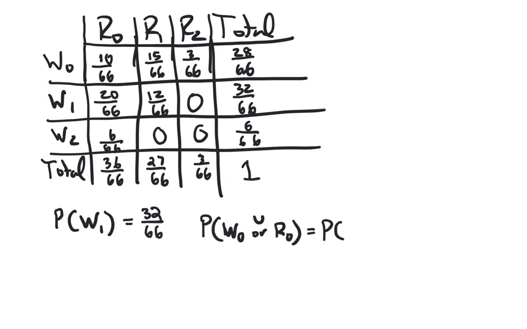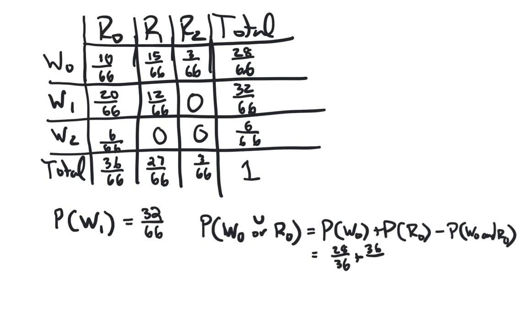So the probability of no whites plus the probability of no reds minus the probability that we double counted, which is the probability of no whites and no reds. So that is no whites is 28 out of 66. No reds is 36 out of 66. Sorry, the first one is 66, not 36. My mistake. And we're subtracting off 10 out of 66.